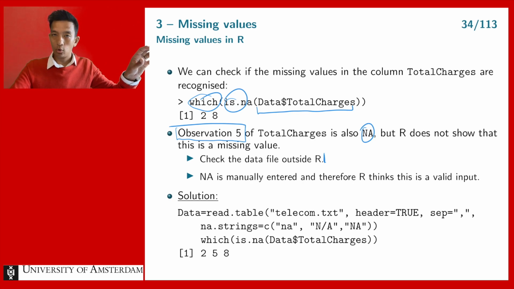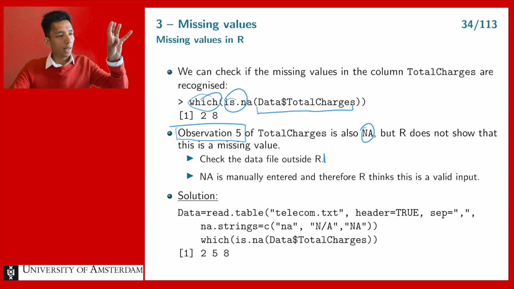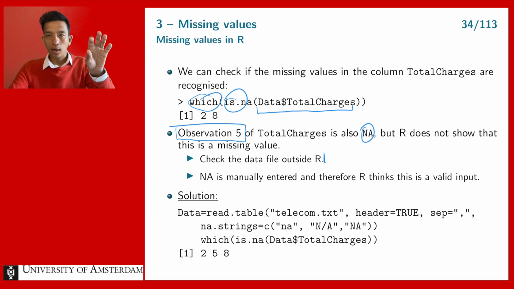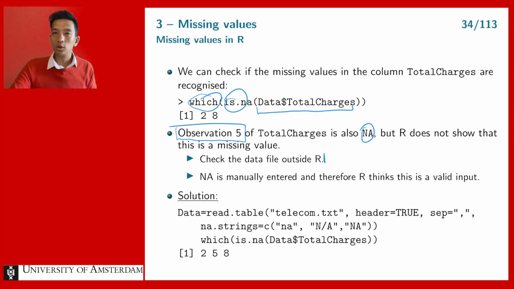In your source file, in Excel for example, there is an ID number, there is a number for monthly charges, but the cell for total charges is empty. In that case, if you put that data set into R, R will replace the empty cell with NA in capital letters, a missing value.